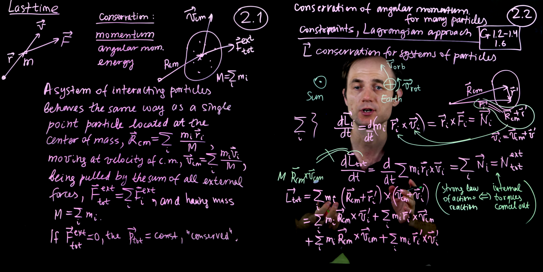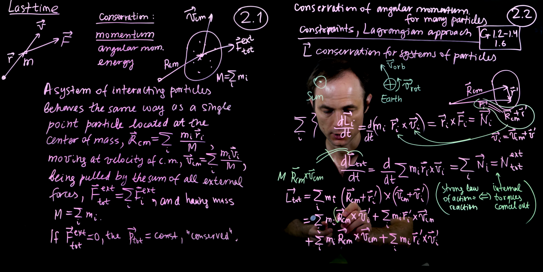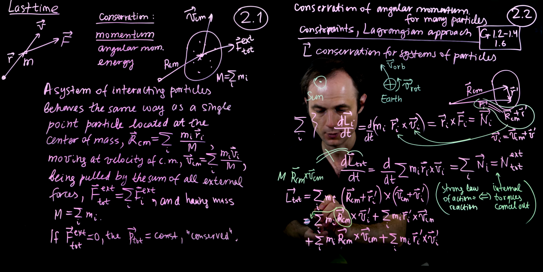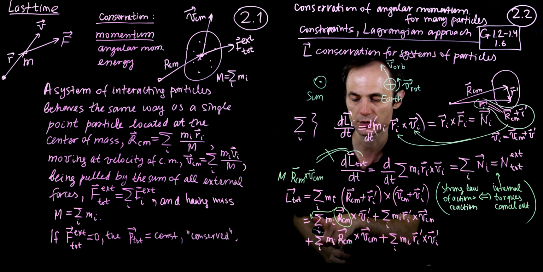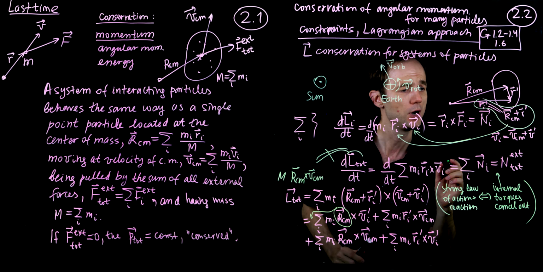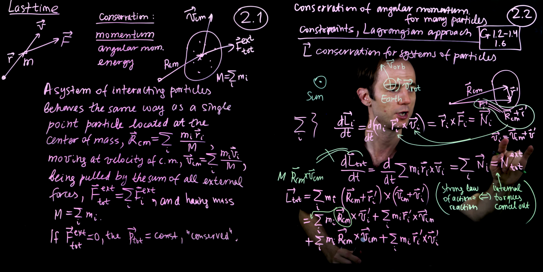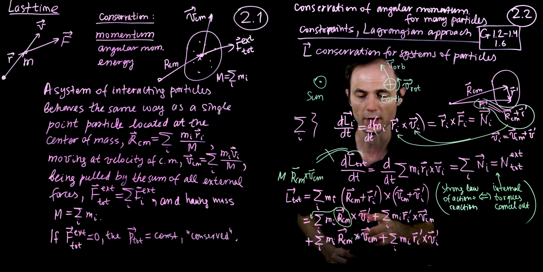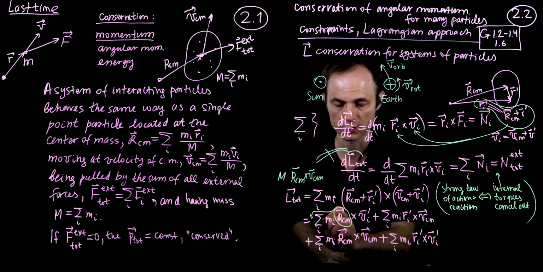Well, first of all, let's figure out which ones of these terms are actually going to drop out. Well, here, for instance, we can take RCM out as a factor, and we're going to be left with the sum over i of Mi times Vi prime. But the sum of Mi times Vi prime will actually be 0 because of the definition of the center of mass.